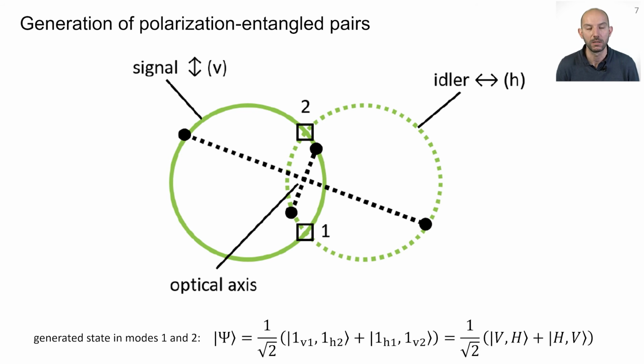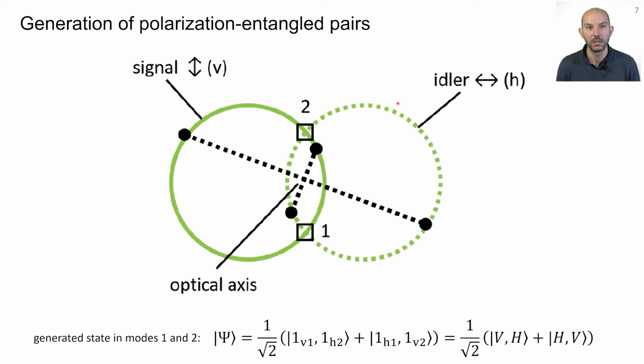And it happens that in this particular phase matching configuration in this BBO crystal, we have basically always one polarization in one of the circles. So here, vertical polarization, and the other polarization on the other circle. So horizontal polarization.